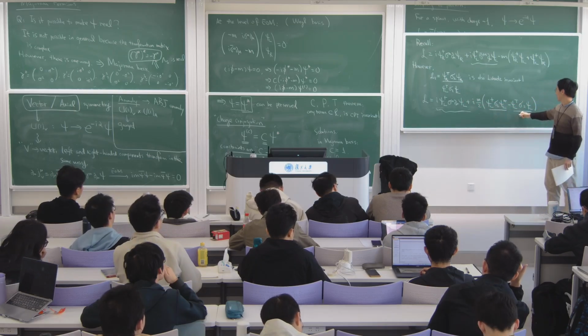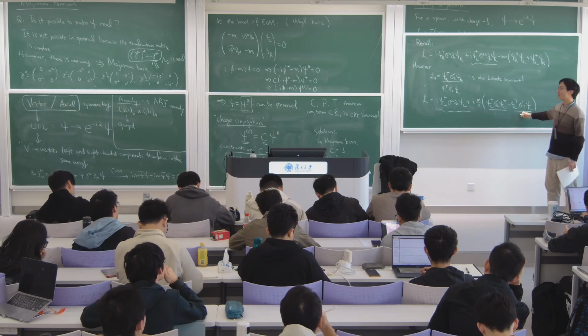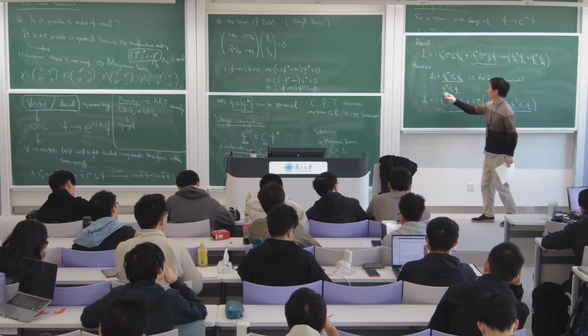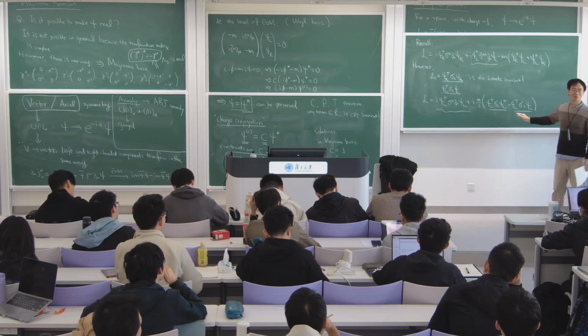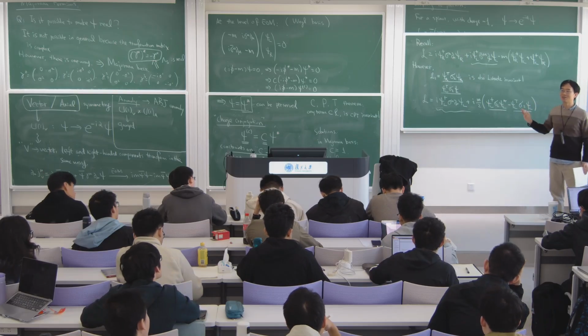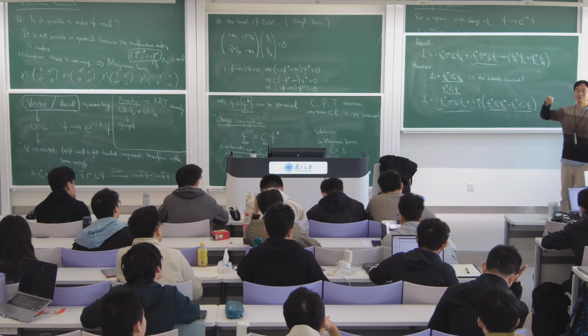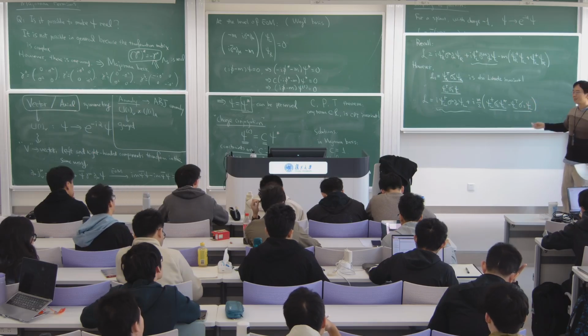Okay, you see it? Because in general, we're not sure whether this is real. I really want to make a real combination, because the reality requirement of the Lagrangian is also very important, right? So somewhere I put an i, somewhere I take a complex conjugate and combine them.